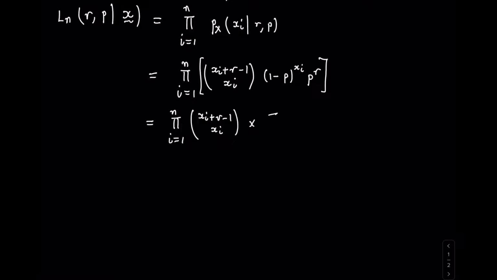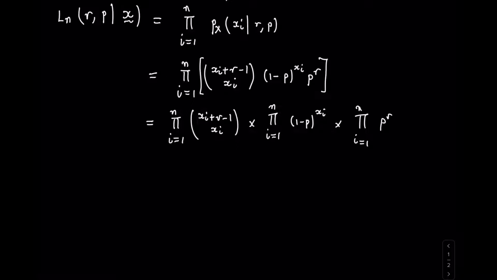Then we can multiply by the product of the next terms, which is 1 minus p to the xi. And then finally, we've got the product from i equals 1 to n of p to the r in the very final component.